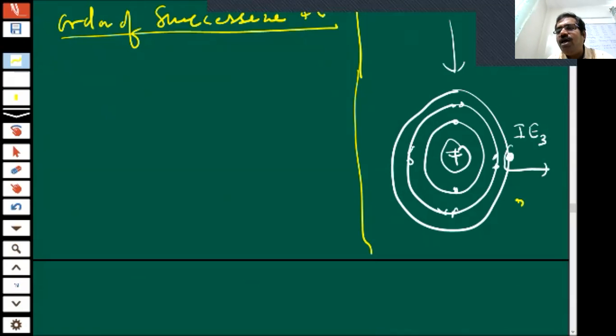Here the electrons are 11. Did you understand? Now find out the Z by E value. In this case, Z by E, this value. Will you find it or should I find it?